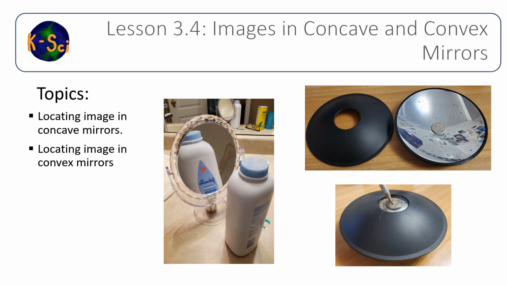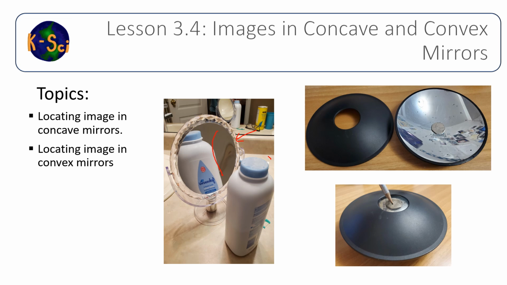Hello there. In this lesson, we're going to look at how to find images in concave and convex mirrors. As an example, I don't know how many of you have used one of these makeup mirrors before, but they are definitely a little bit concave.